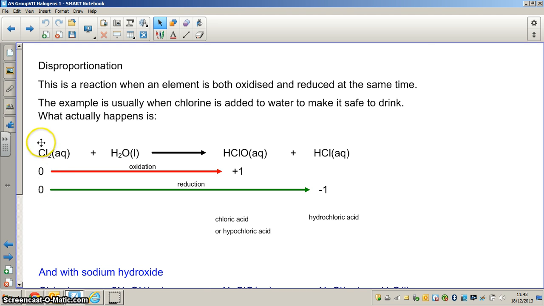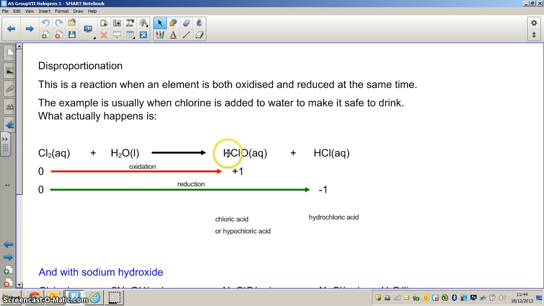We need to remember firstly that uncombined elements, molecules of elements, have an oxidation state of 0. So these two atoms of chlorine in this chlorine molecule have an oxidation state of 0 and 0 to start with. Now if we come over here, we've got two compounds formed.